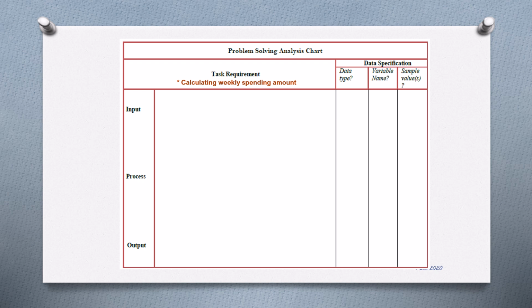This is the comment: calculating weekly spending amount, the task. Just follow the statements previously: display D1 RM, input D1. So very direct instruction, right? See, you have here one location or variable, with the name day1.